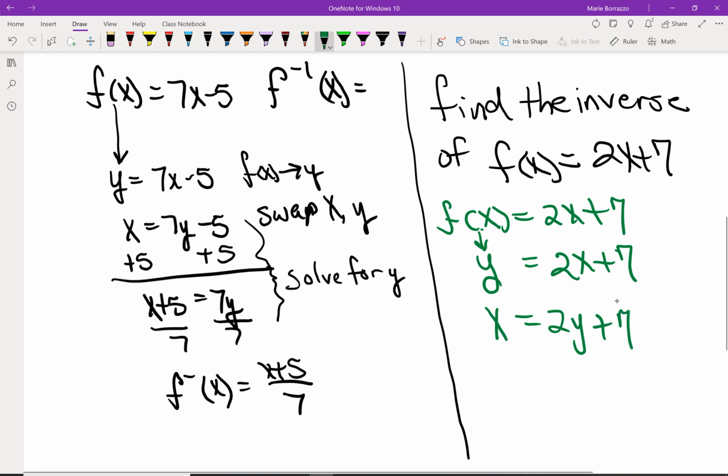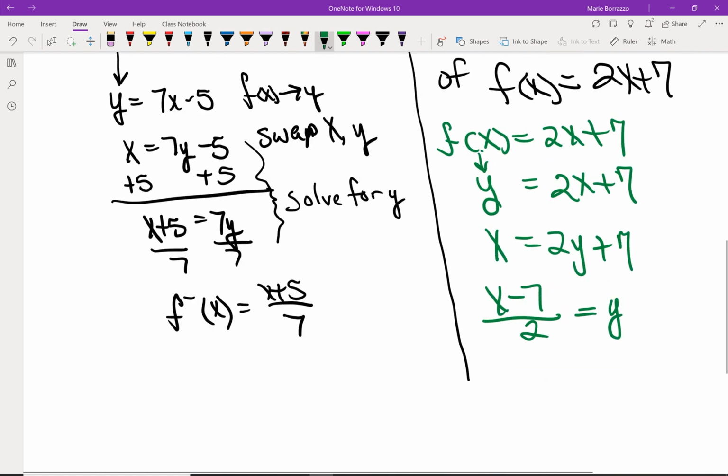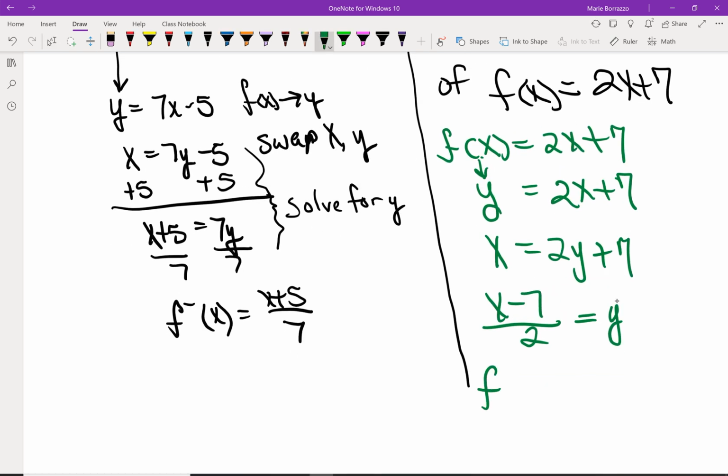And in my next stage, I simply want to solve for y. So I know that this will become x minus 7 over 2 is equal to y. And lastly, I'm going to write the inverse, f negative 1. F inverse is equal to x minus 7 over 2. It's that simple. All right, let's look at example 3.